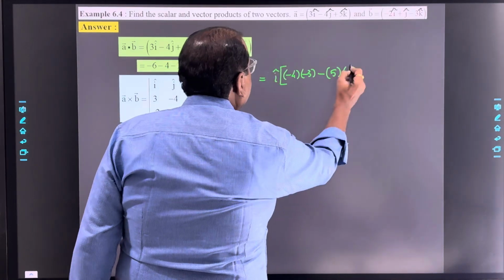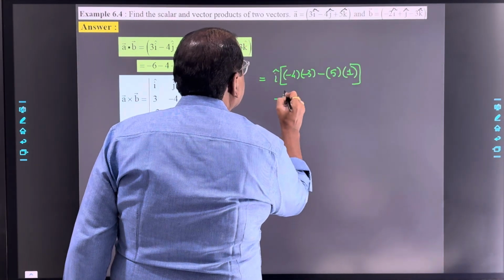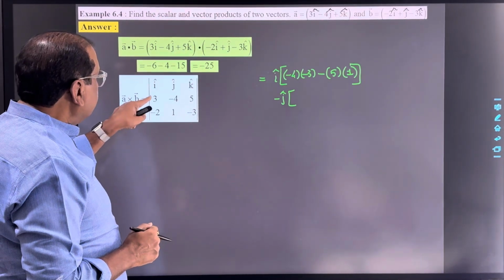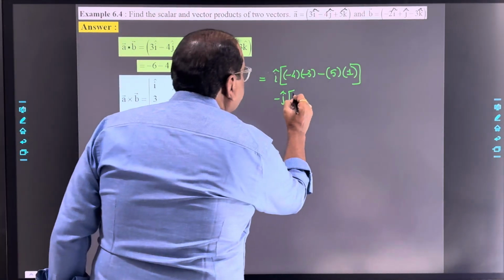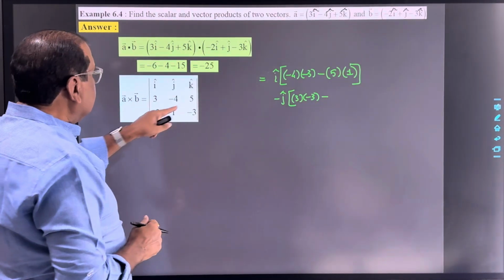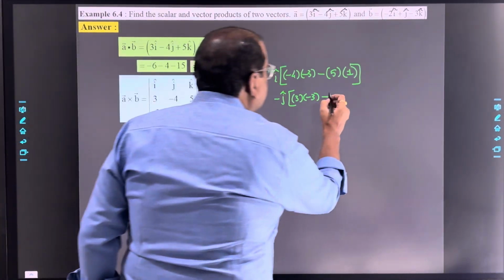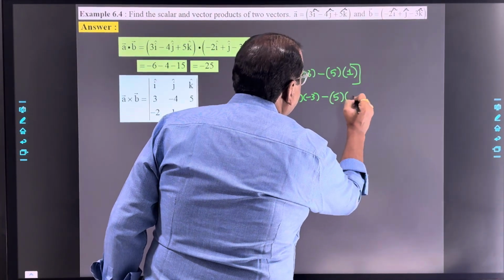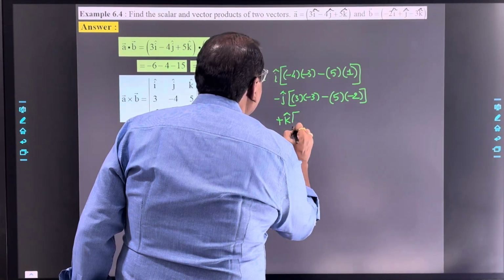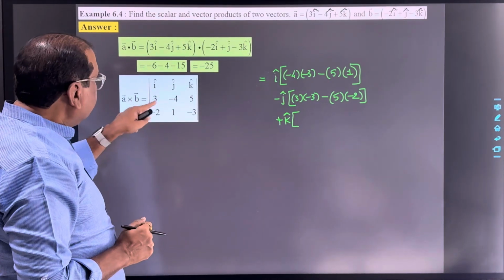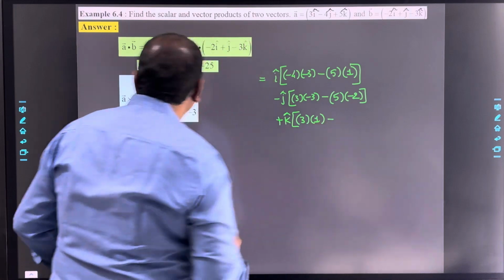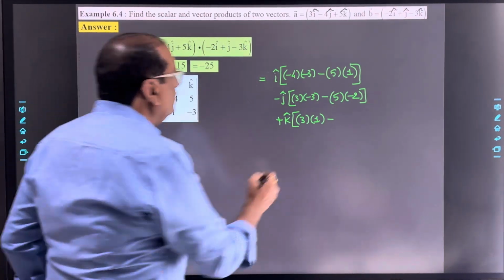Then after that, minus j caret, so 3 into minus 3 minus 5 into minus 2. Then plus k caret, so 3 into 1 minus minus 2 into minus 4.